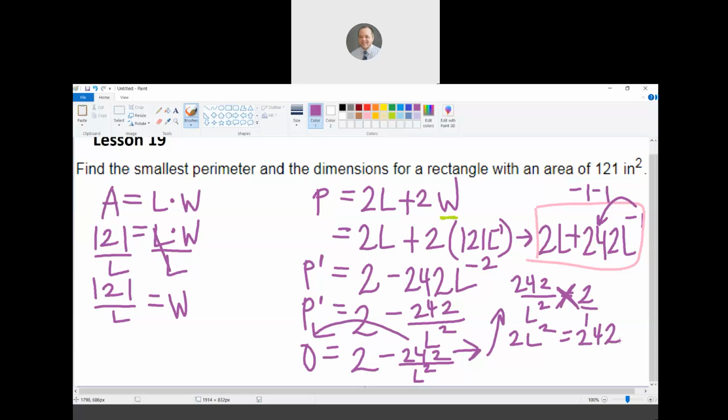Now we're almost done finding L, but we need to first of all divide both sides by 2. And that gives us L squared equal to 121.